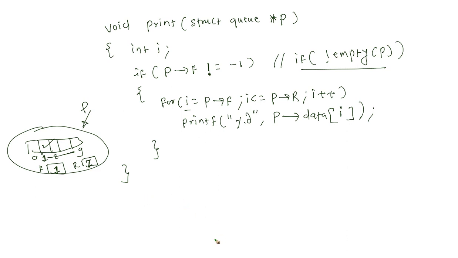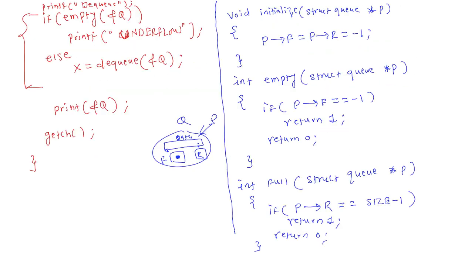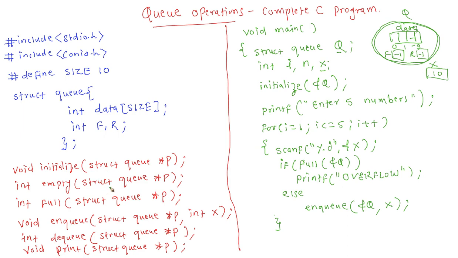And this is the complete C program for implementing Q using an array. This is a very simple C program. You can make it very sophisticated. So I'll show you the complete program. We started from here, and this is the main function.